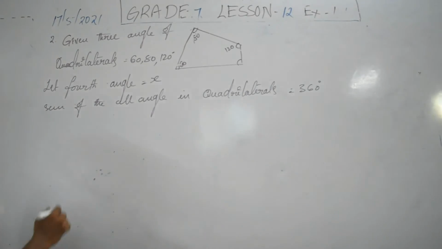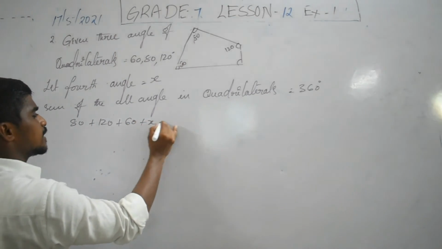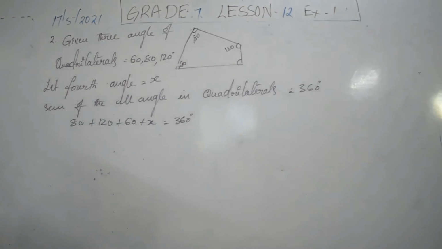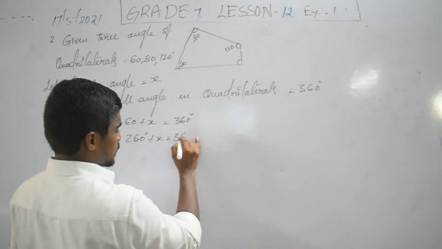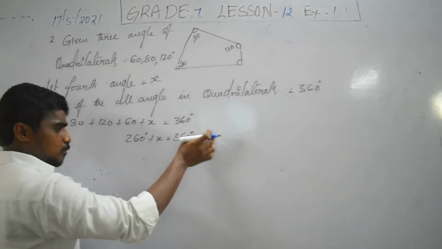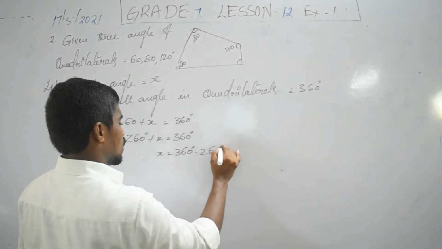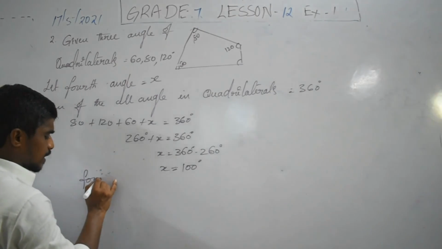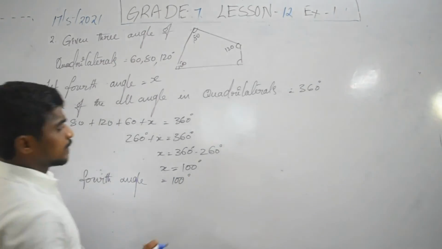So here 80 plus 120 plus 60 plus x equal to 360 degrees. 80 plus 120 is 200, 200 plus 60 is 260, plus x equal to 360. So moving 260 this side, x equal to 360 minus 260. x equal to 100 degrees. The fourth angle is equal to 100 degrees.